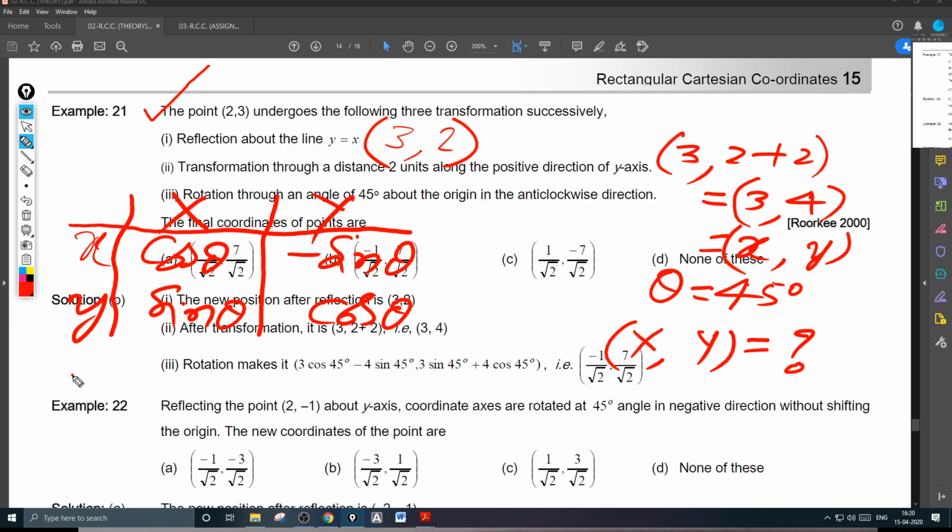So capital X, small x is nothing but 3. 3 cos 45, 3 into 1 by root 2, plus y, that is here minus sin theta, minus 4 into 1 by root 2.